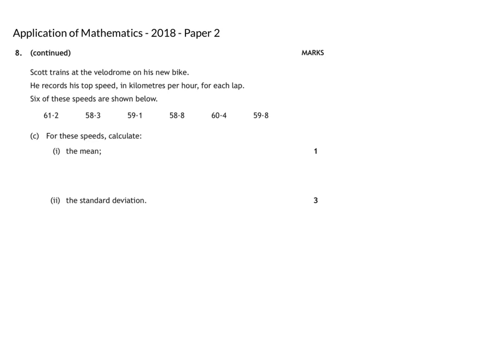So for our first part of our question, we've got to calculate the mean. So that is x with a little line on the top. And we get that by adding together all of our values. And then once we've added them up, we divide them by how many there are.